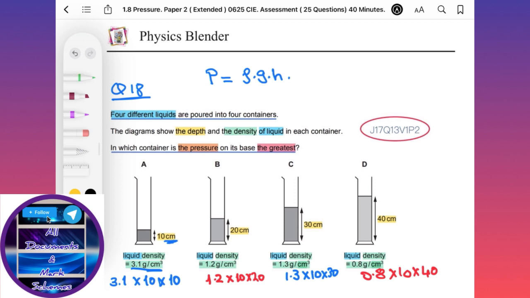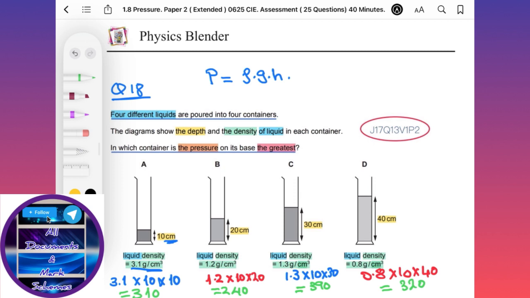Compare the final answers. The first one is 310. The second one, 240. Third one, 390. The last one, 320. And we cannot write pressure here in Pascal because we don't have consistent units.